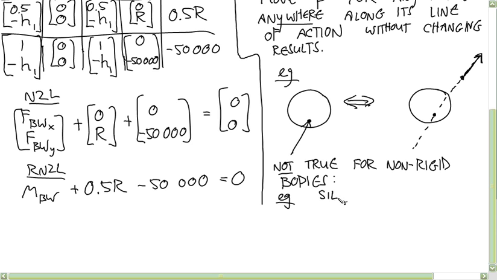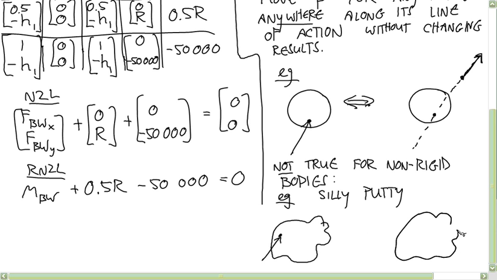Think of what would happen if you applied a load here to silly putty, and if you apply the load here. That silly putty is going to deform in a totally different way based on where you apply that load. So this trick only works while you're treating something as a rigid body.